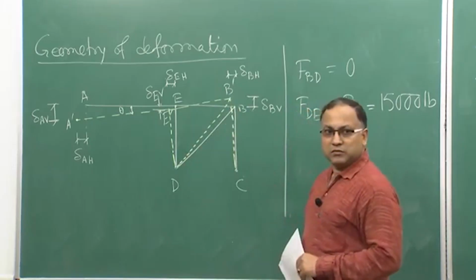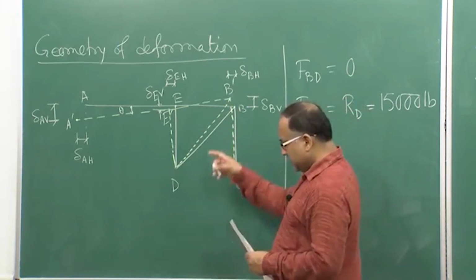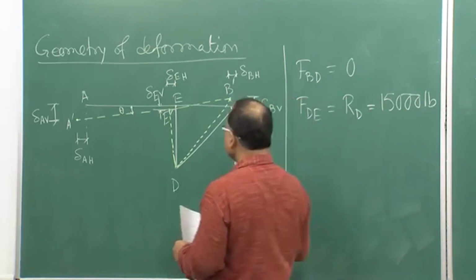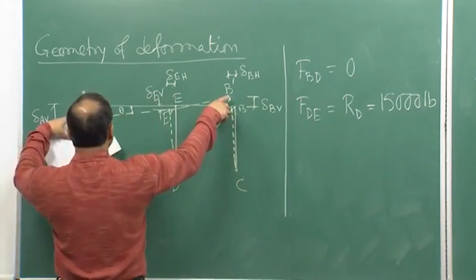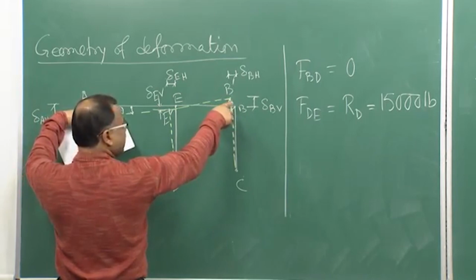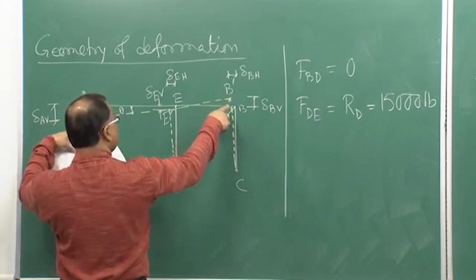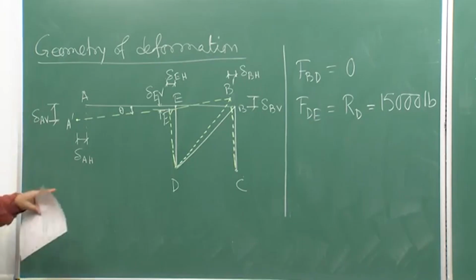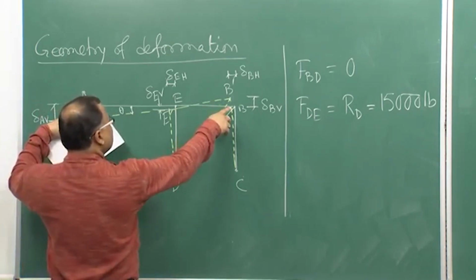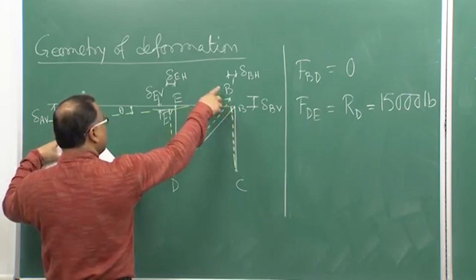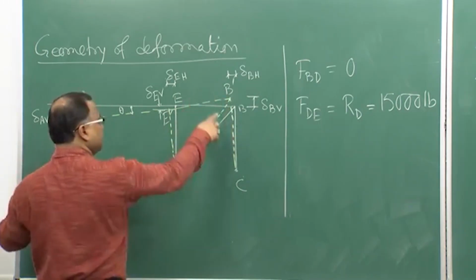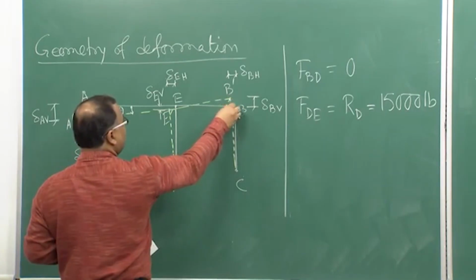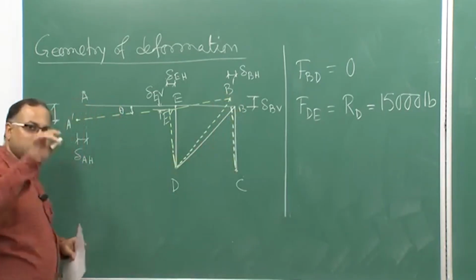Okay. So from the deformed geometry, BD and B prime D are both equal. If I consider a small deformation problem, what is happening is that this stiff member AB is just rotating with respect to point D. Try to understand: member AB is just rotating with respect to point D. So from B to B prime you can consider a circular arc.